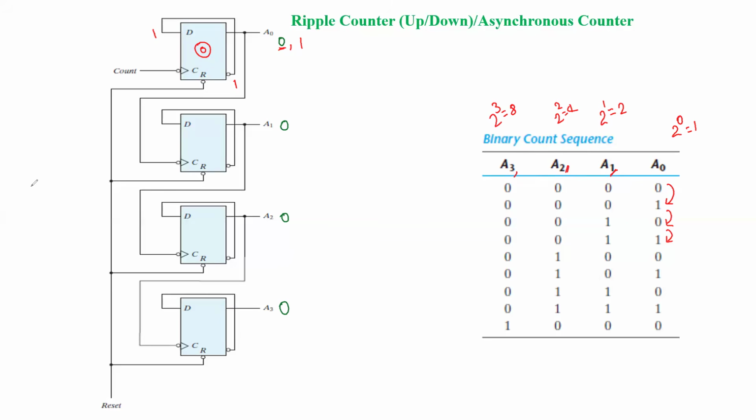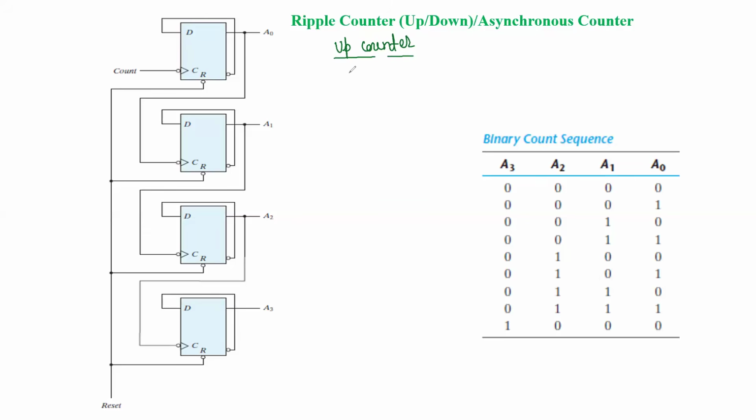To understand it in a better way, we can take one small example. On the basis of that, we can see how it is going to change. Now whatever connection is given here, that's going to perform as an up counter, or we can also call this a binary ripple counter.